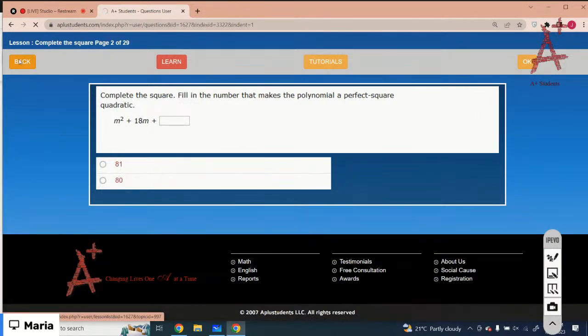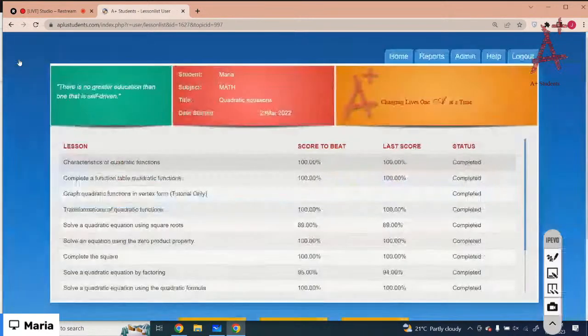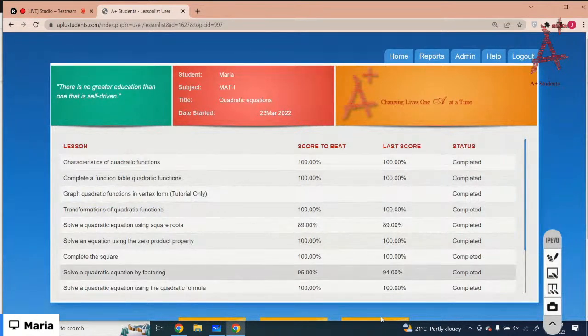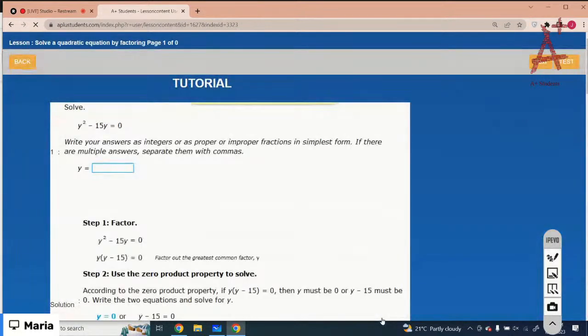Let's just start with solving a quadratic equation by factoring. Okay, here is the solve a quadratic equation by factoring. Okay, y square minus 15y equals 0.